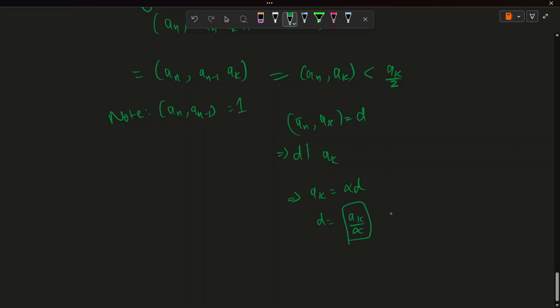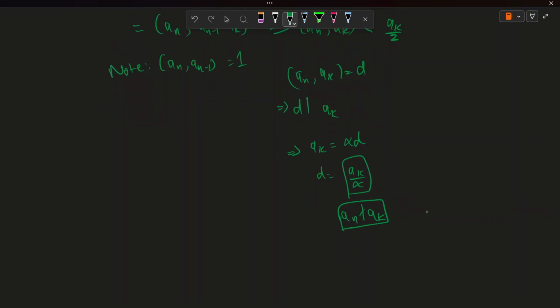So basically we need to show that alpha is greater than 2. So the only case left out is that, because an does not divide ak as proved earlier, alpha cannot be equal to 1. So alpha is greater than or equal to 2.